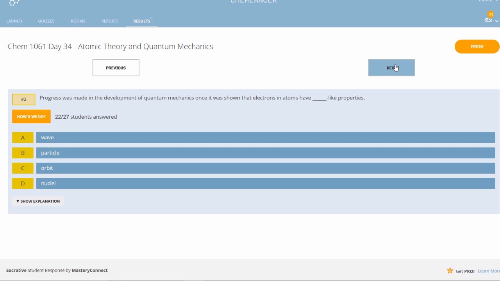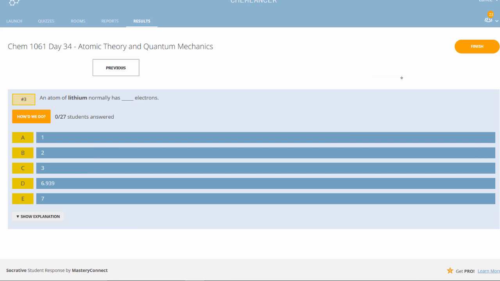We'll count down 5, 4, 3, 2, 1. And of course, this is wave-like properties, talking about the Schrödinger wave equation. That's where we're going to start today, with the wave equation.